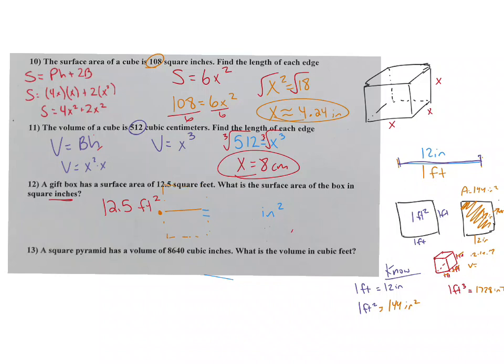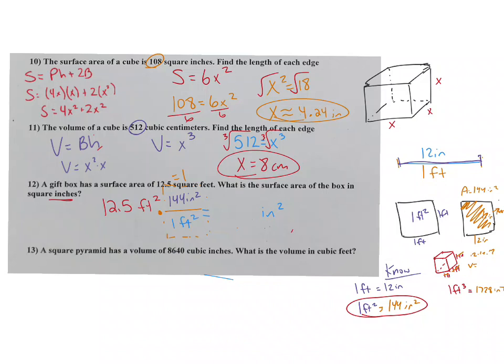If I'm changing inches to feet, feet to inches, kilograms to pounds, any conversion, I make a box that equals 1. Now, I know that 1 square foot and 144 square inches are the same thing. So I'm going to put 144 square inches right there. And on the bottom, I'm going to put 1 square foot.